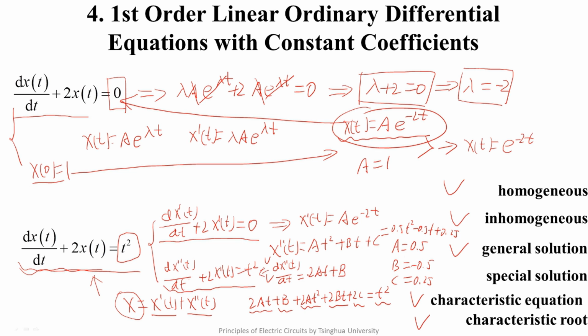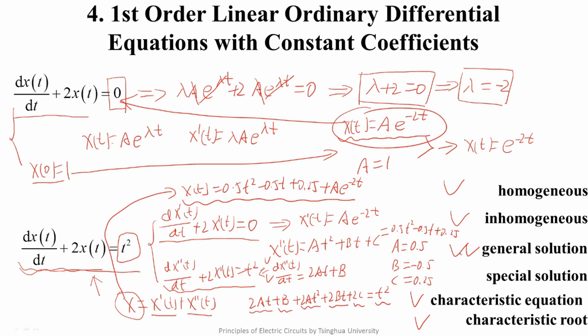With the results, x(t) is equal to 0.5 t squared minus 0.5 t plus 0.25 plus a times e to the negative 2t. It constitutes a general solution of an inhomogeneous ordinary differential equation with constant coefficients.